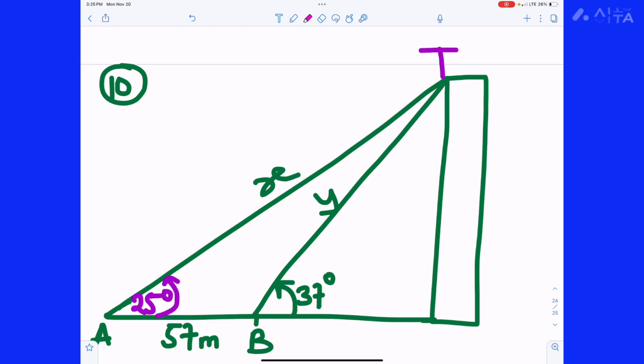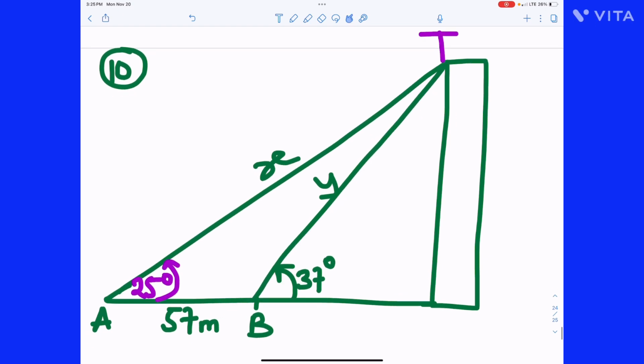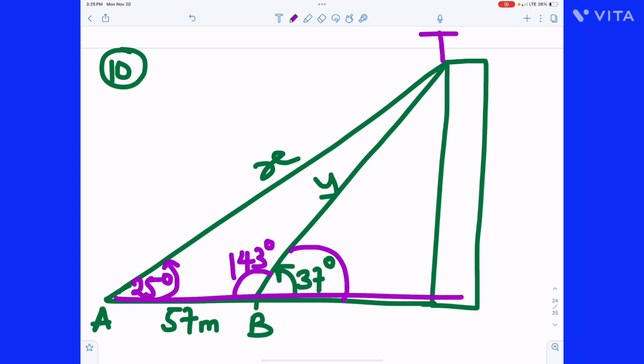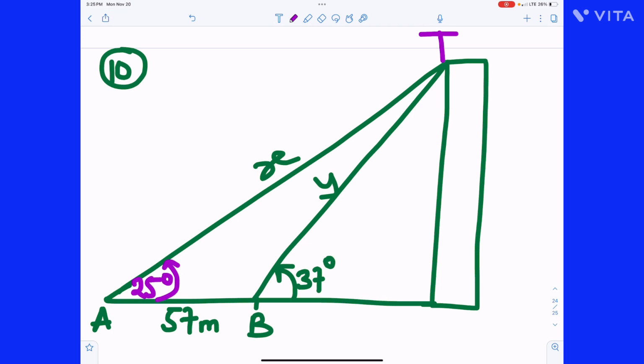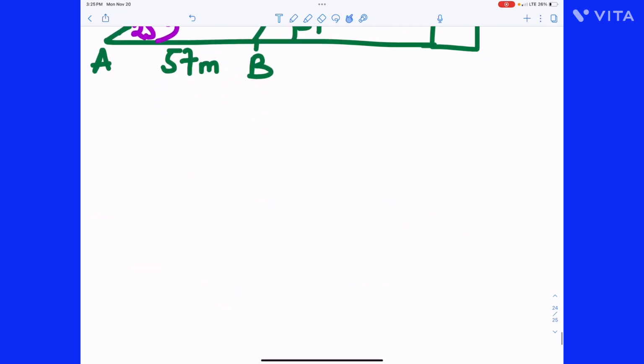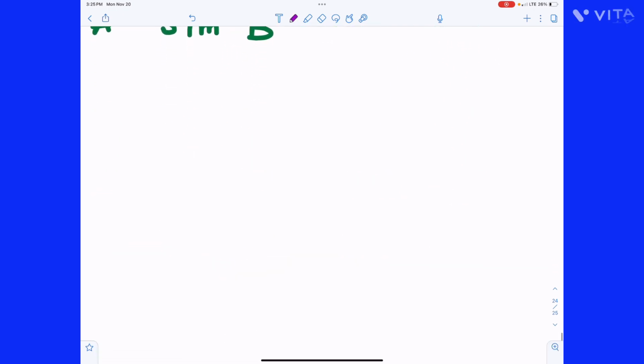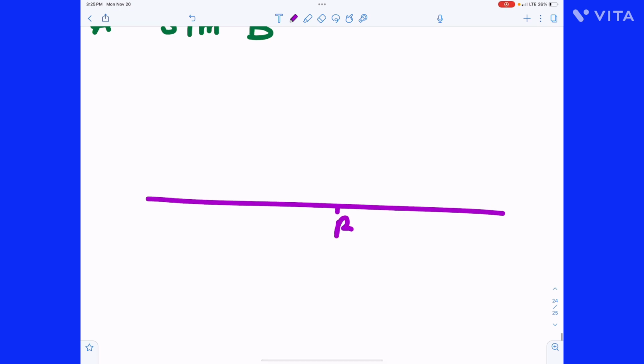Very simple. Let me figure out all of its angles first. If this is 37 and this is a straight line, this will be 180 minus 37, which is what? 143 degrees. Can you see that? Let me explain that again. At point B, this is a straight line, and there's a line there, 37.